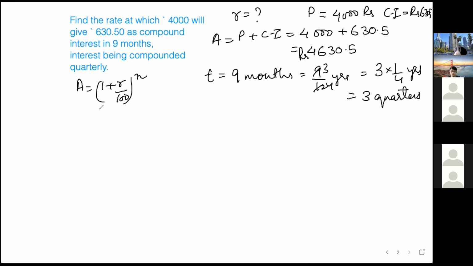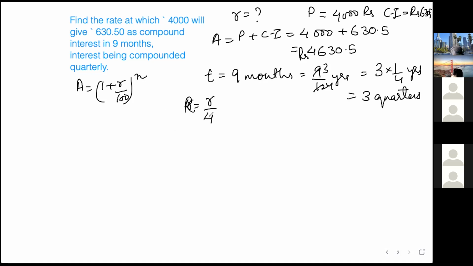Okay. So amount is equal to, and rate whatever it is there annually रहेगा, तो उसको by 4 करेंगे, right? So let us write down our rate will be equal to R by 4, right? Okay.